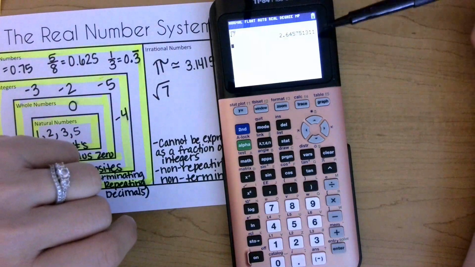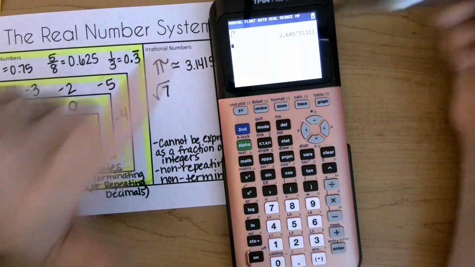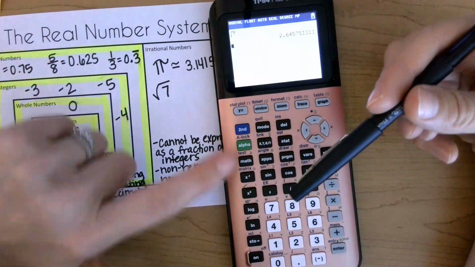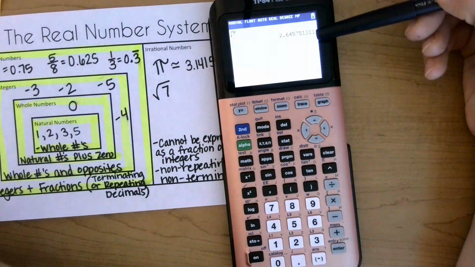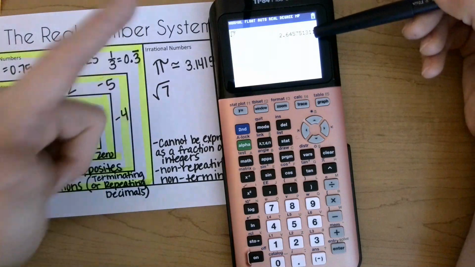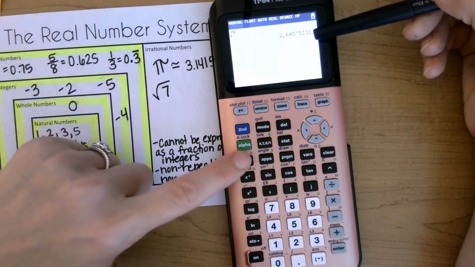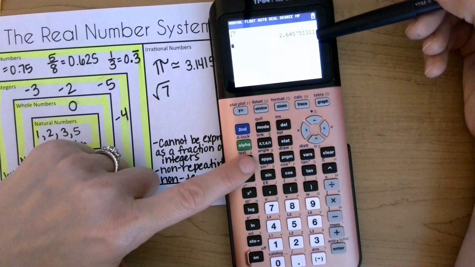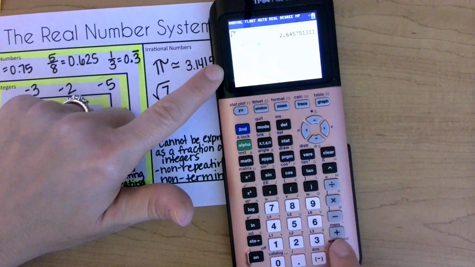Now, in today's activity, you're going to have to see if it is rational or irrational. A really good way to use your calculator for that is to see if this can convert to a fraction. So if you already have a decimal on your calculator, how do you convert it to a fraction? We press math, and remember the first one is fraction, so you can just press enter, enter.